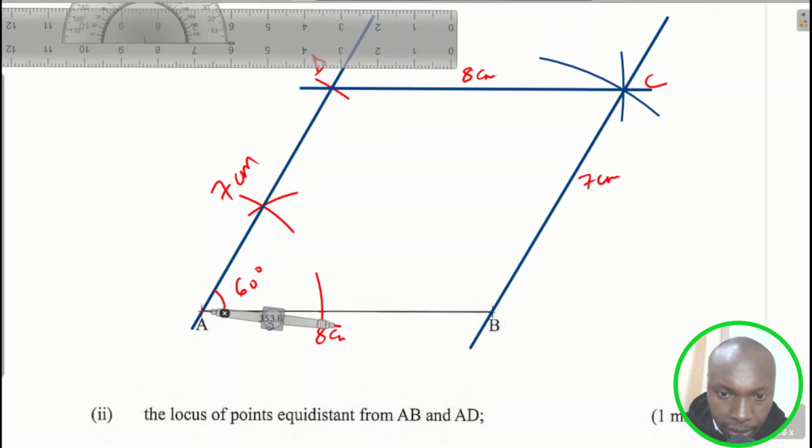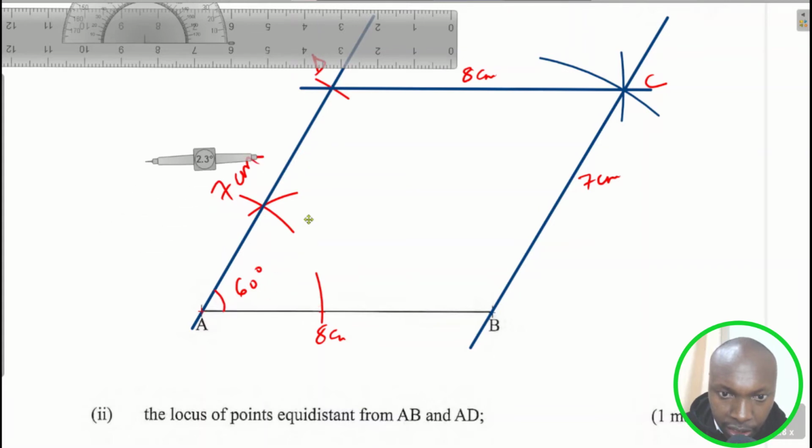Since I had already made 2 arcs here, I'll find it okay to use these 2 arcs, to avoid confusion. So standing there, you mark that arc on line AD, and the other arc on line AB.